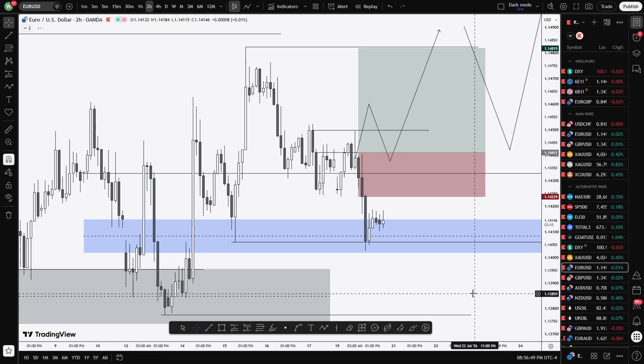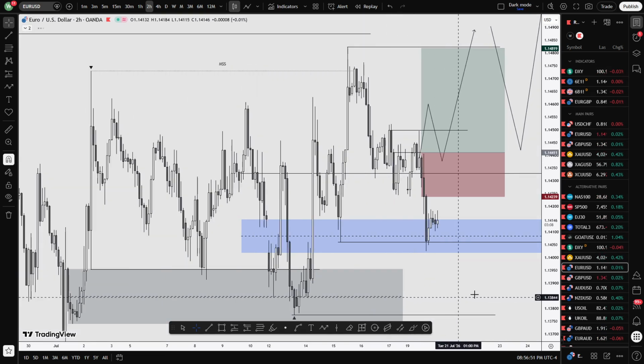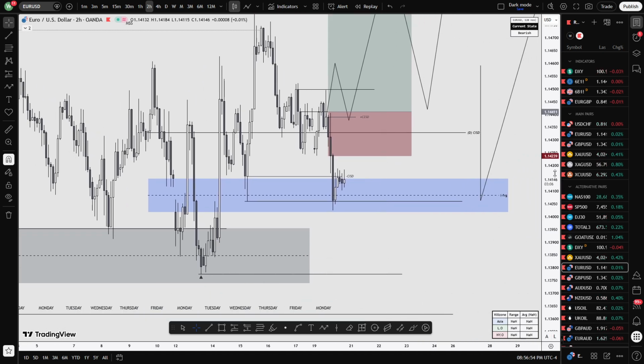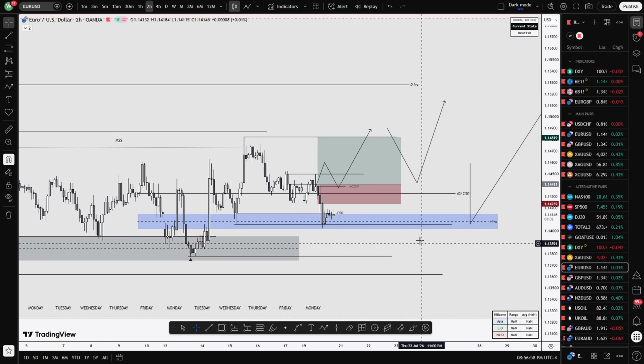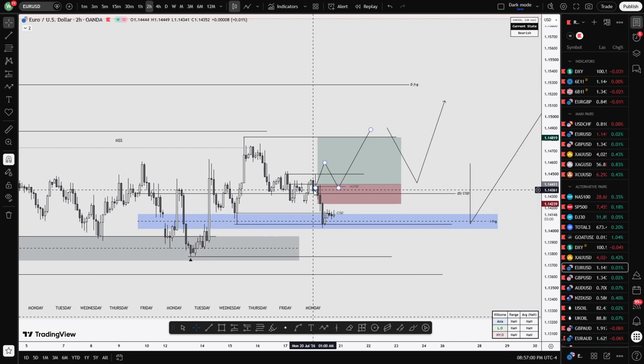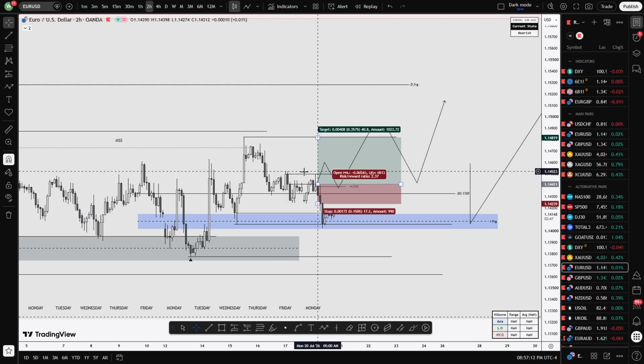For EU, I said two possible scenarios could happen. One is if we get a close above this high here, and we never got the close; price just traded to it. It didn't close. We didn't get a candle closure above this high.